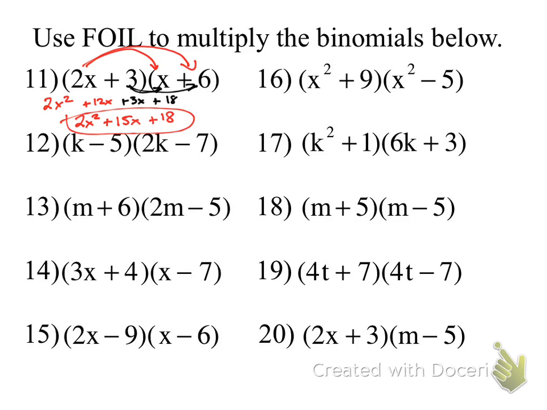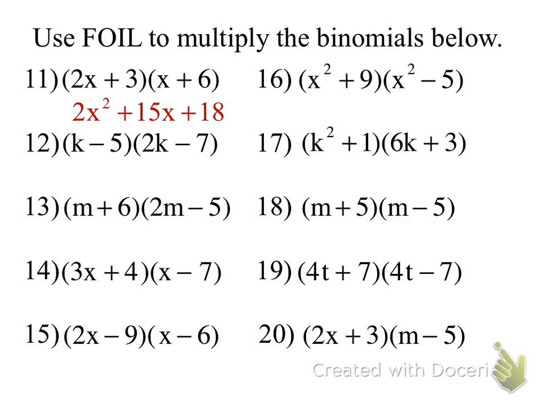Go. Pause the recording. Okay, what did we get for number 12? How about Julia? I didn't finish. Number 12 you didn't finish? Okay, pause. Okay, we're going to try it together. So when we're multiplying k and 2k, what do we get? 2k to the second. Good.